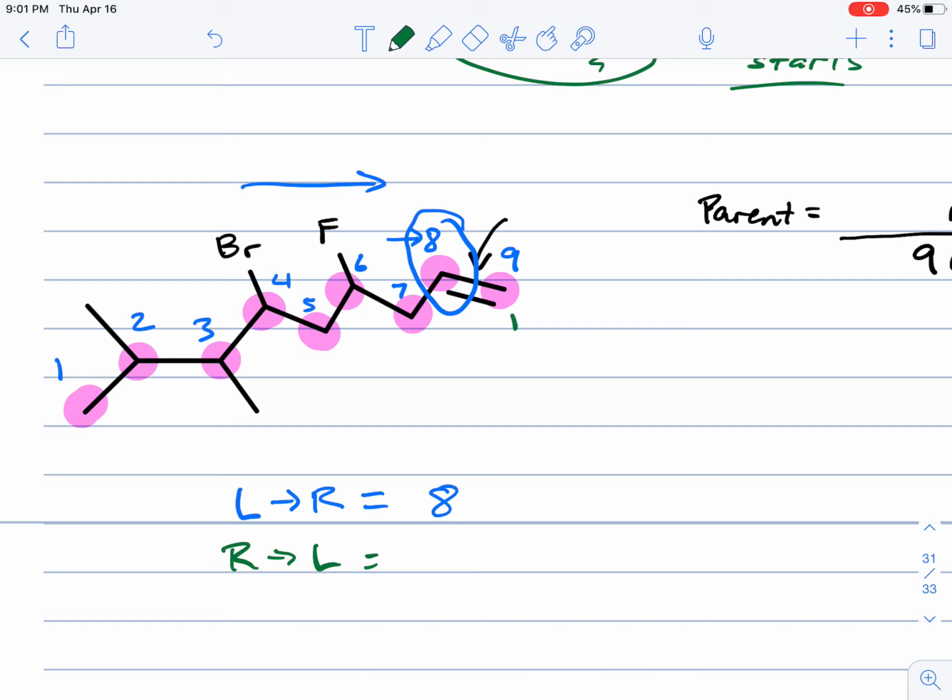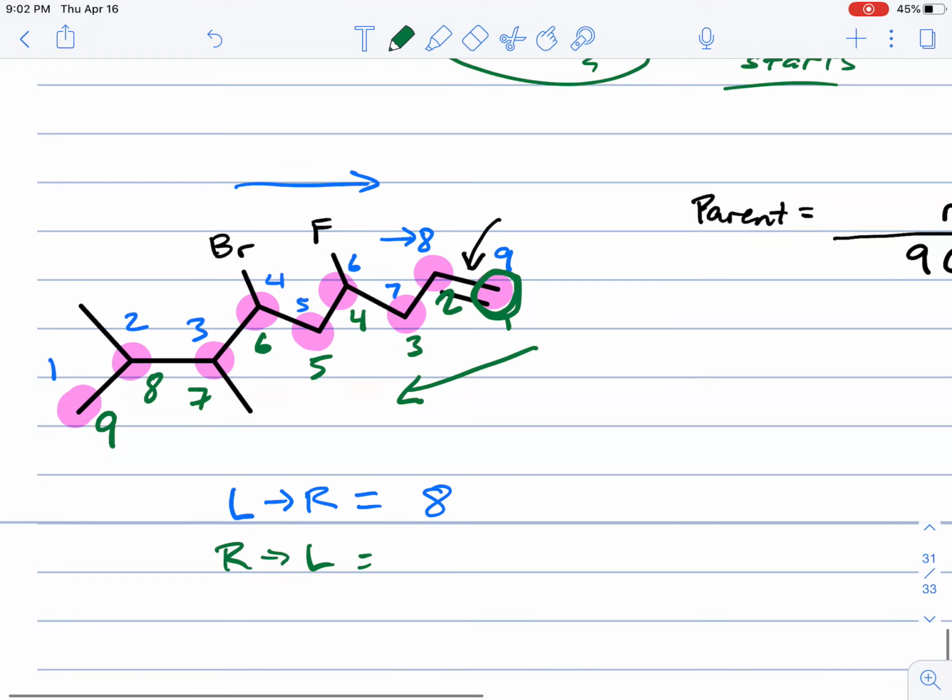Now, if I go in reverse from right to left, I have 1, 2, I'm going to erase some stuff here. 1, 2, 3, 4, 5, 6, 7, 8, 9. And so if I'm going from right to left, notice that on carbon 1, my double bond starts. And so I'm going to put 1. Okay. So this is referring to where the double bond starts.